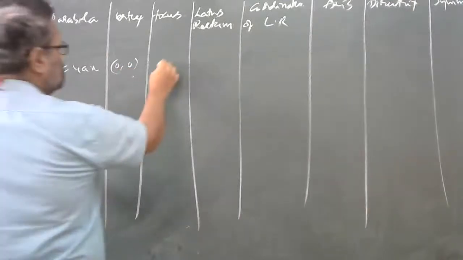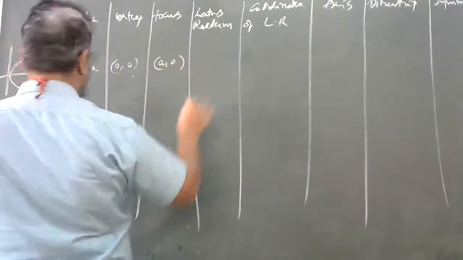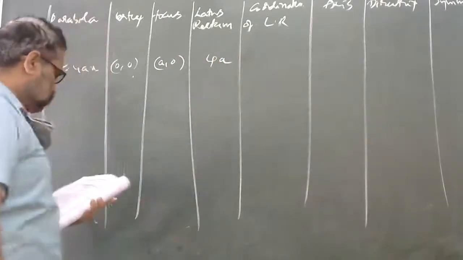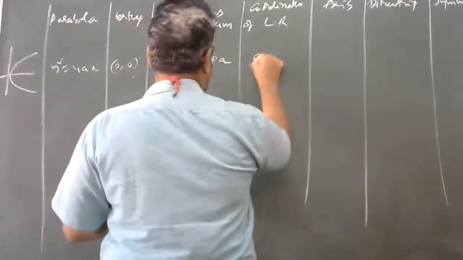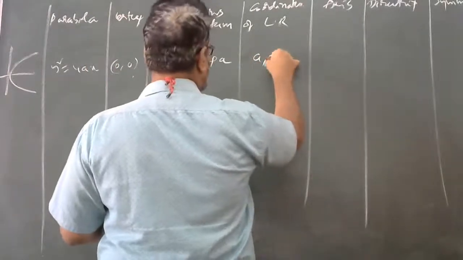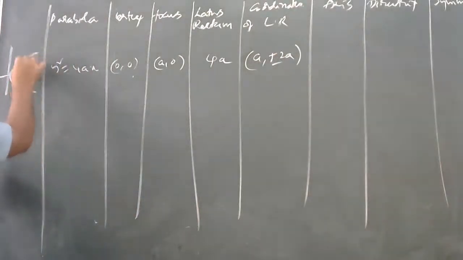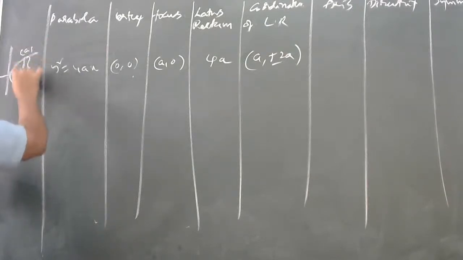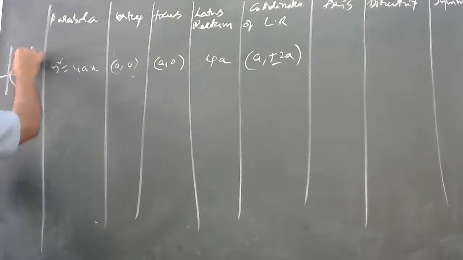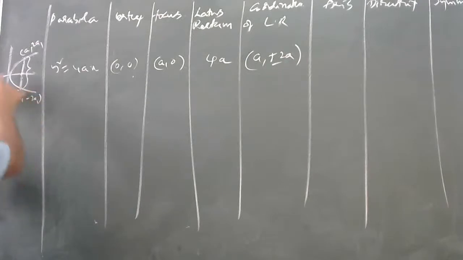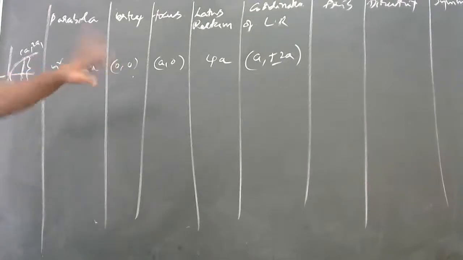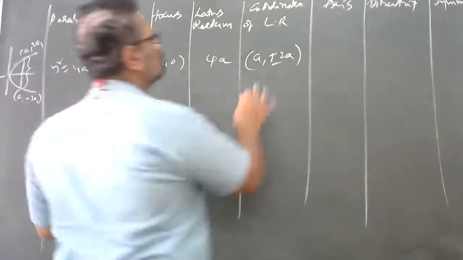Focus will be on the right side, (a, 0). Latus rectum is 2a plus 2a, which becomes 4a. So the coordinates are (a, 2a) and (a, minus 2a), because the focus is (a, 0) and the ends are 2a above and below. Both coordinates of the latus rectum are (a, plus or minus 2a).